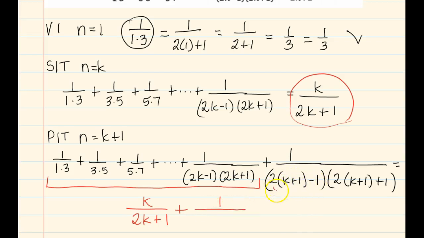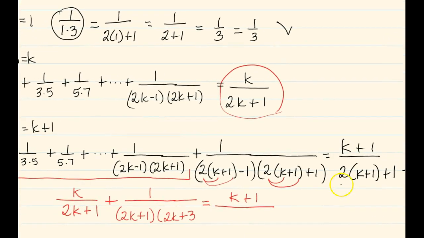My distributive property will give me 2k plus 2 minus 1, so that's 2k plus 1. The other parentheses will give me 2k and then 2 plus 1, which is 2k plus 3. So the question is, does this equal k plus 1 over, and I'm going to simplify that portion, 2k plus 2 plus 1, which is 2k plus 3. So we want to see if this is true.